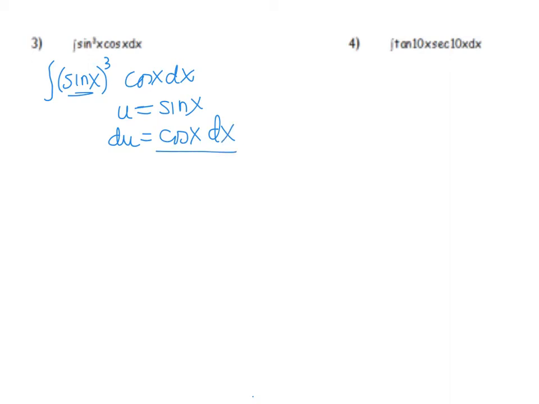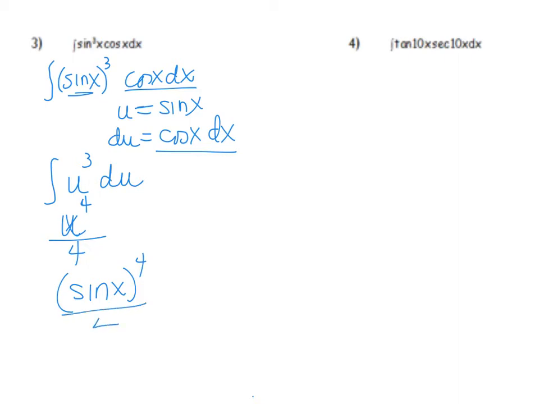All right, so we can see here that we have that already. So I'm going to rewrite in terms of u. So I have u to the third du. Well, that's u to the fourth over 4. U is sine x, so sine x to the fourth over 4 plus c. And you, of course, could rewrite it this way, sine to the fourth x over 4 plus c.